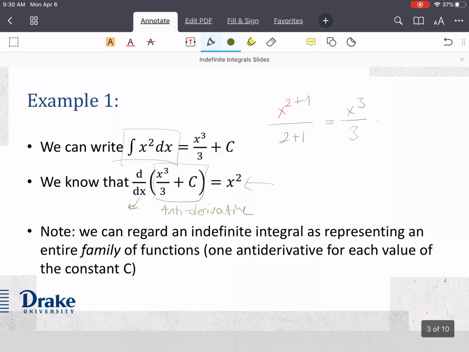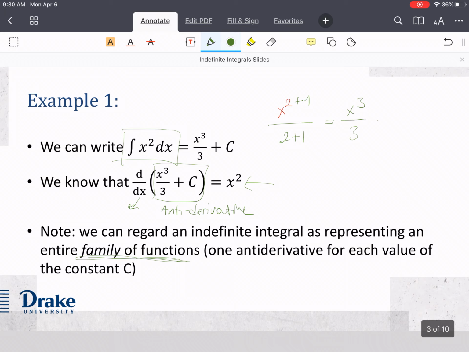We need to note that we can regard an indefinite integral as representing an entire family of functions, because we can get many types of functions by manipulating the constant c.